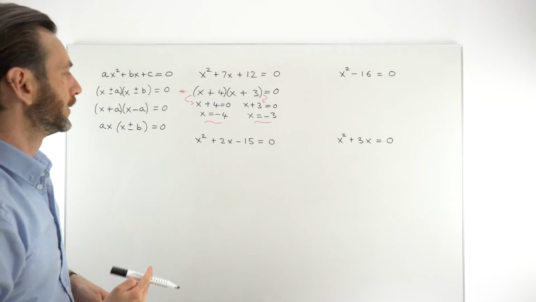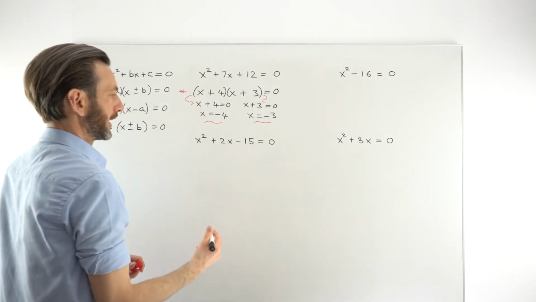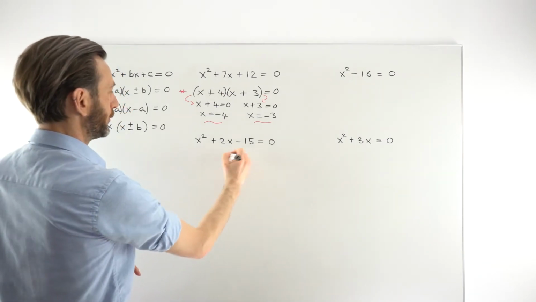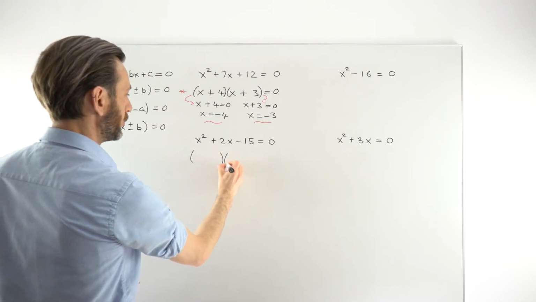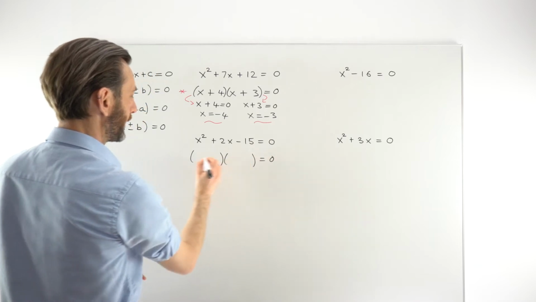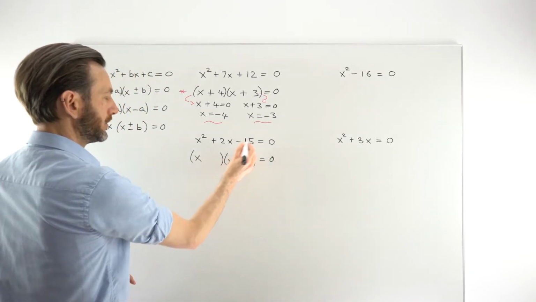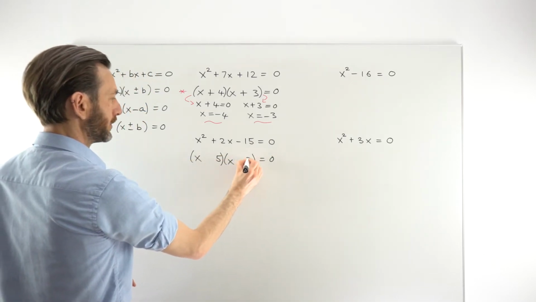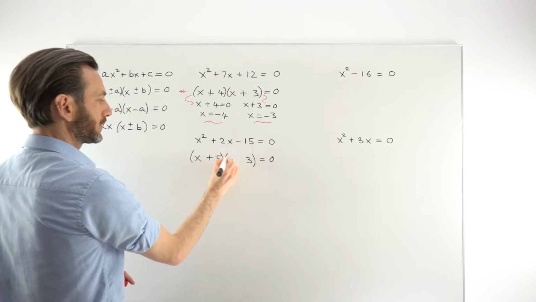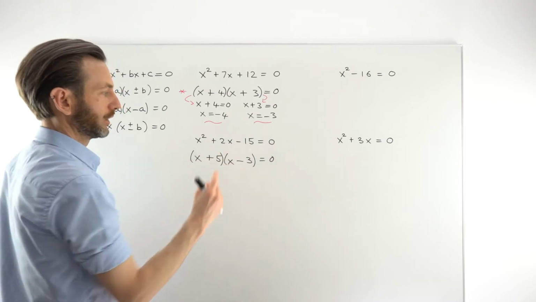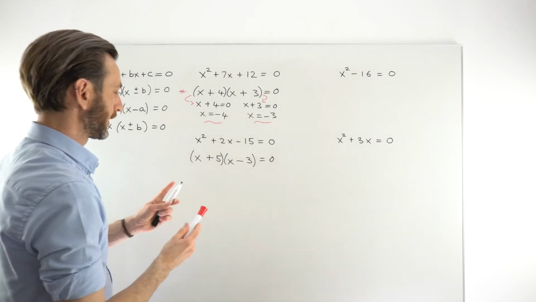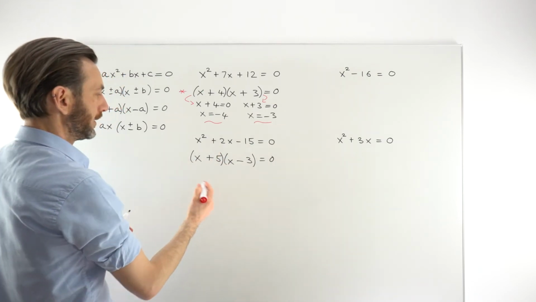Done. Okay, so moving on to the next guy. Slightly more difficult factorizing maybe, looking at the numbers there. So still a trinomial, still factorizes into two brackets. We need an x and an x. To make a 15, we would need a 5 and a 3, and it needs to be a plus 5 and a minus 3, because plus 5x minus 3x would give you plus 2x. So again, all that I've done is factorize.